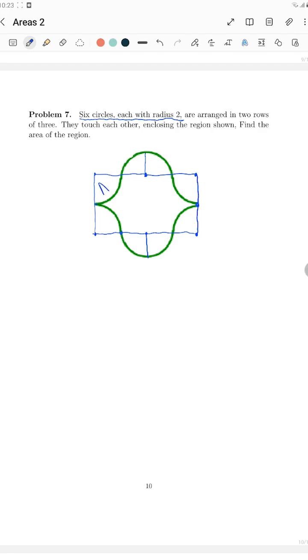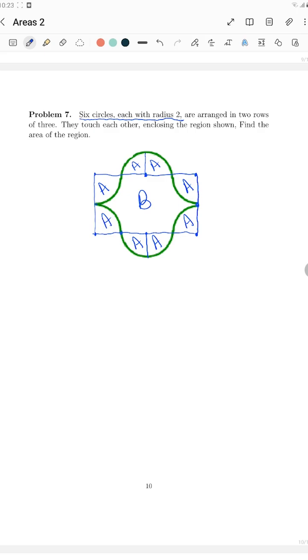Let's say the area of that quarter circle is A. Because each of the 6 circles has the same radius, every quarter circle is A. Great. And this bit in the middle, let's call that B.